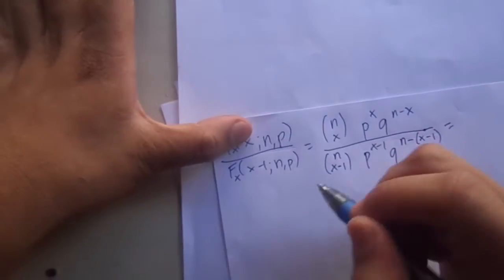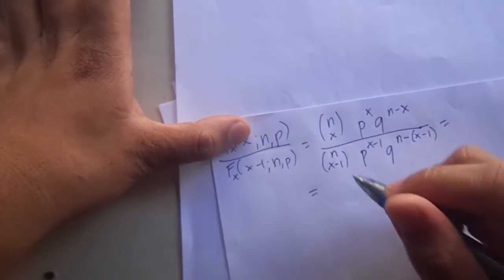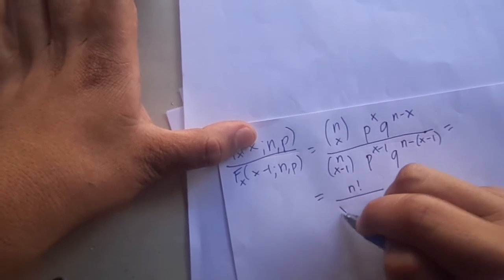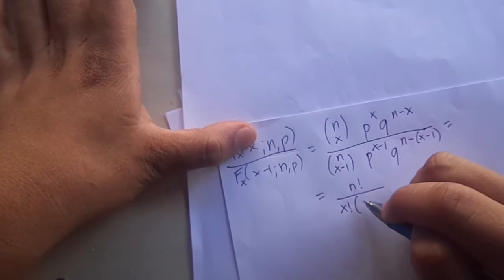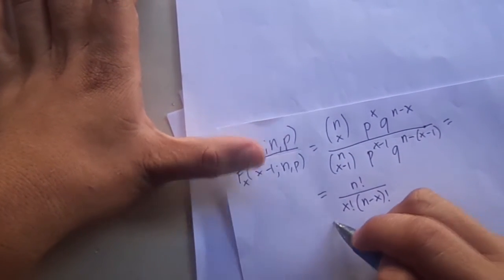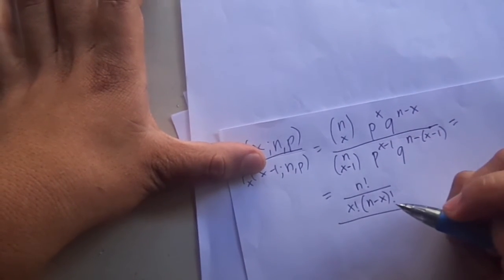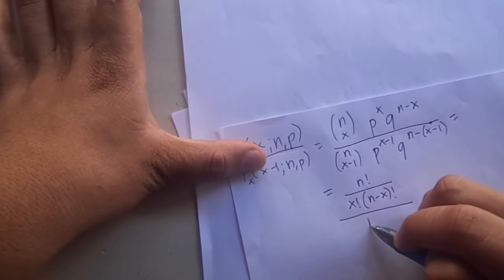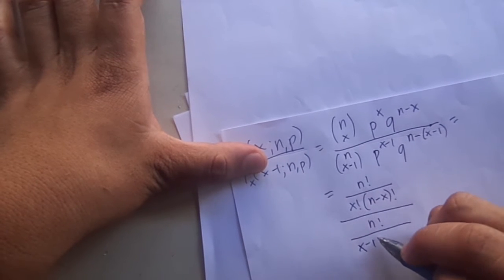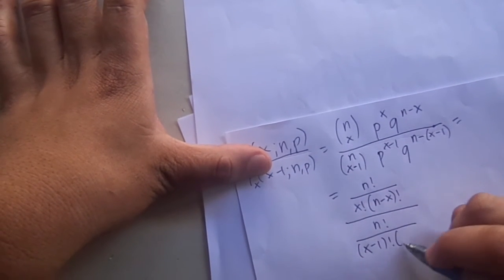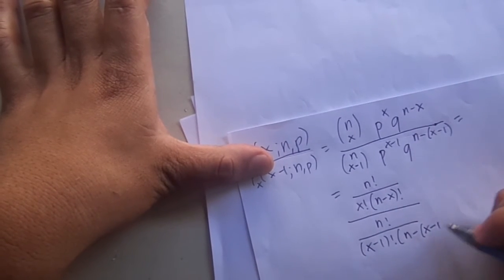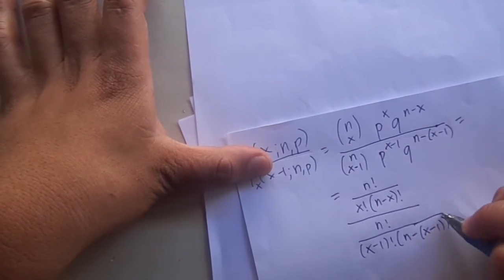So nCx is equal to n factorial over x factorial times the quantity n minus x factorial, over, for the function x minus 1, n factorial over x minus 1 factorial times the quantity n minus the quantity x minus 1 factorial.